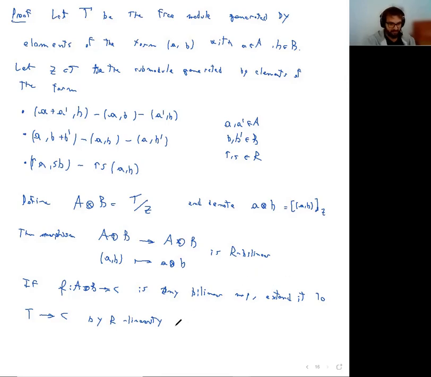And then since F is bilinear, it actually descends to the quotient. If you restrict it to Z, you get 0. So F prime defined as F is well defined on T mod Z.